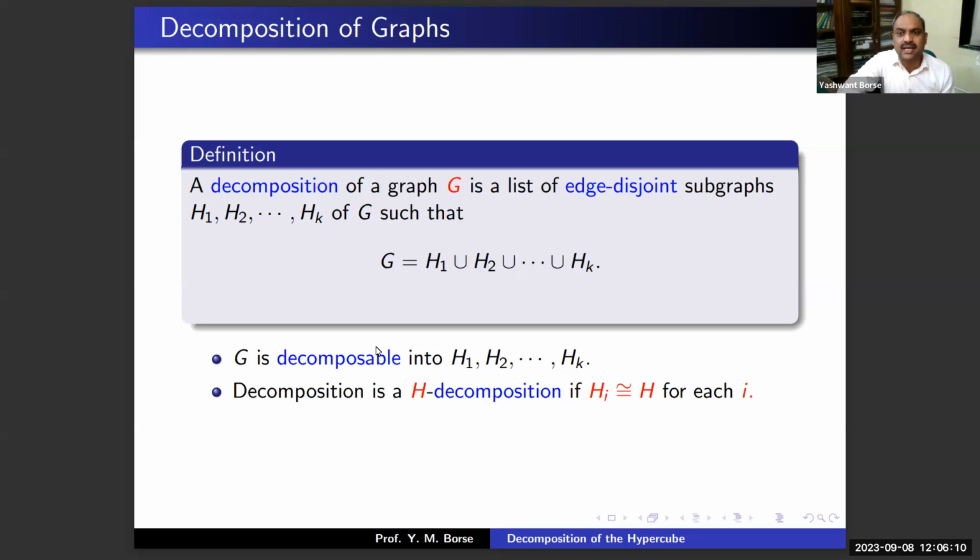And suppose all Hi are isomorphic to H, a single graph H, then we say G has an H decomposition. So G has an H decomposition if it has a decomposition into copies of H. Given an H, people will ask whether the graph has a decomposition into H or not.